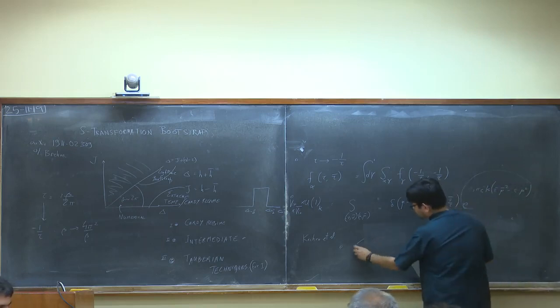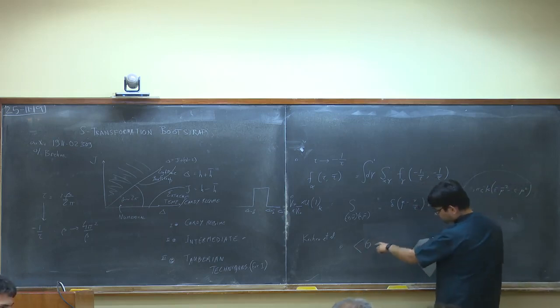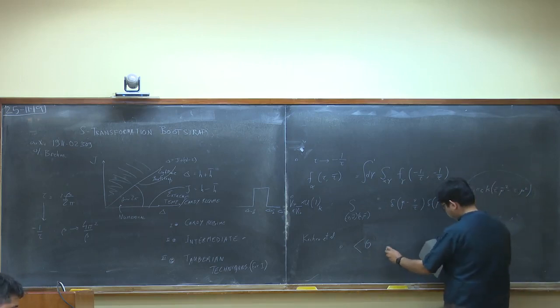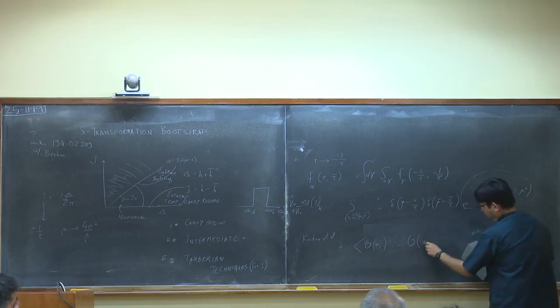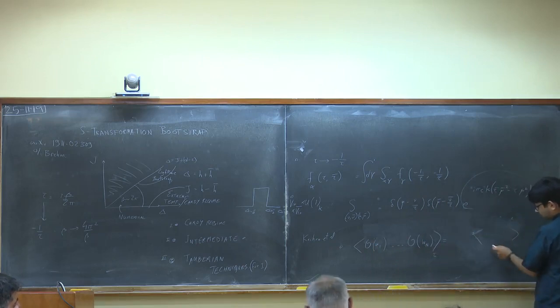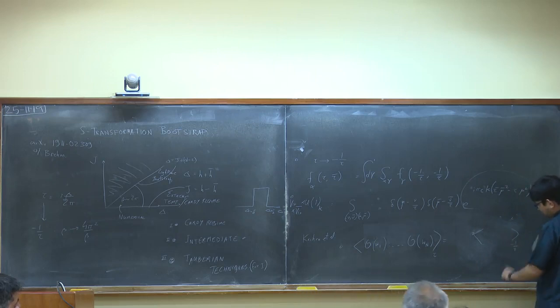Okay, another example would be to study an n-point torus correlator. If I study it on a torus with modular parameter tau, it's related to the corresponding quantity on the S transformed torus.